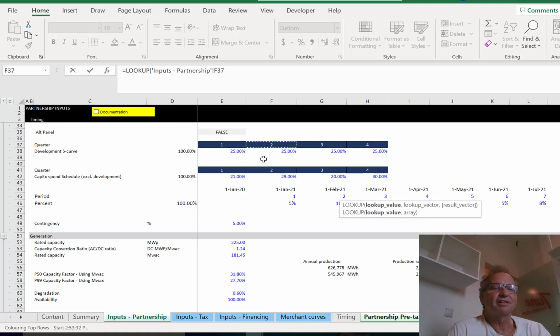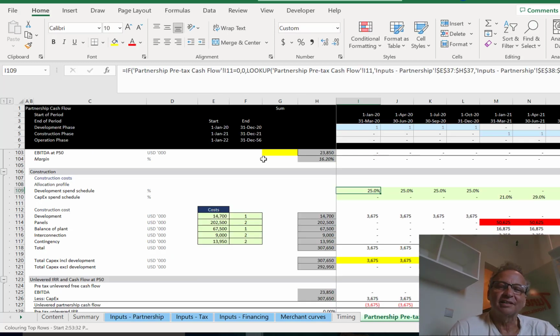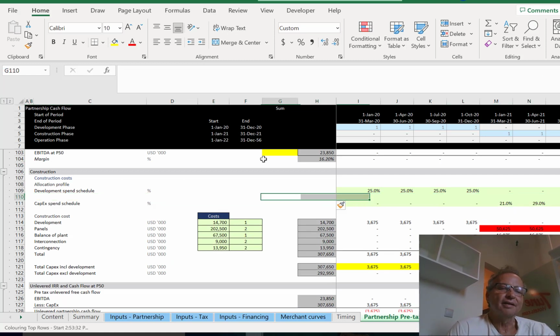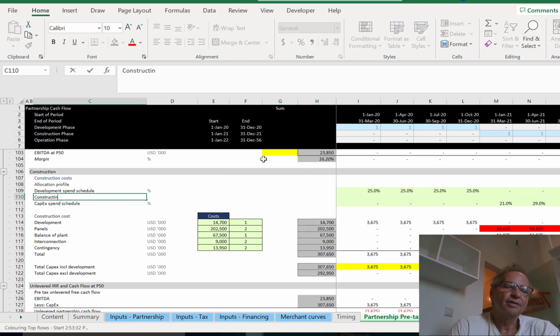And then this was the CapEx spend schedule. So we've got a quarter number instead of a date. And I suppose, unfortunately, if we would do this right, we would put the construction quarter number.